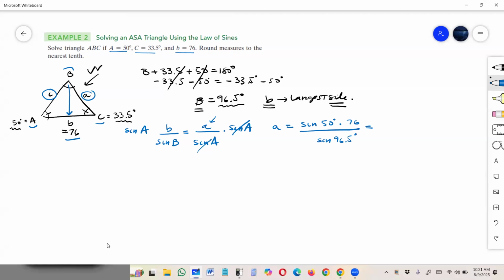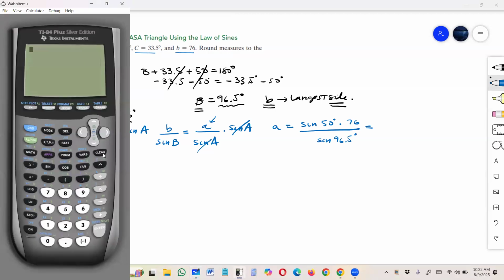So we go to the calculator for that. So sine 50 degrees, right? You're going to make sure that the calculator is in degrees for that. And then divide that by sine 96.5. And we get 58.59.